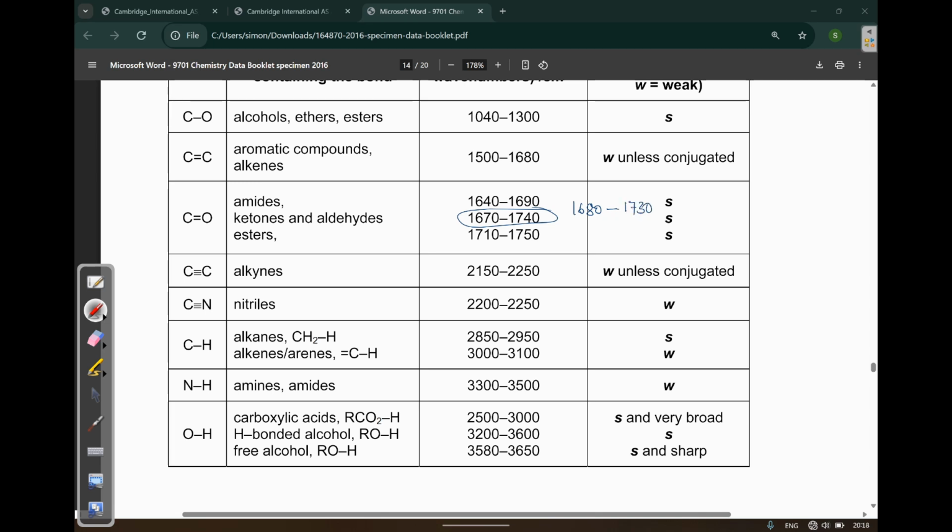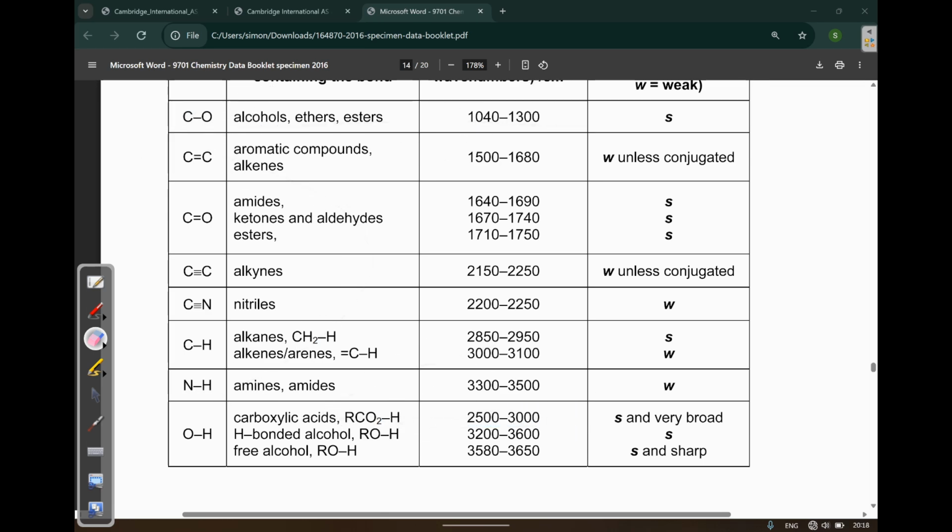So these values used to change, some of them used to change based on the data booklet they used to provide. You see that? So, but let me stick to the ones that have been the same all through. Okay. So I've used this one here and then this other one here, the C=O. Okay. So that is that.